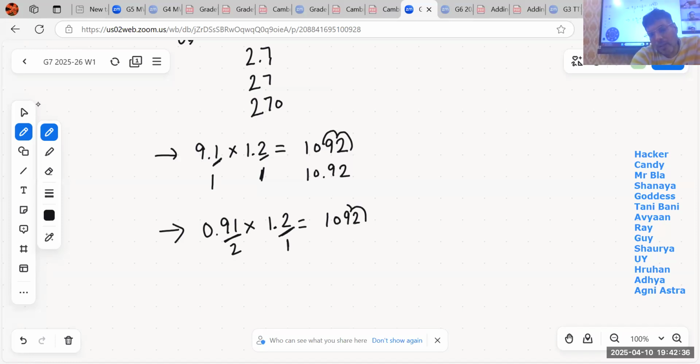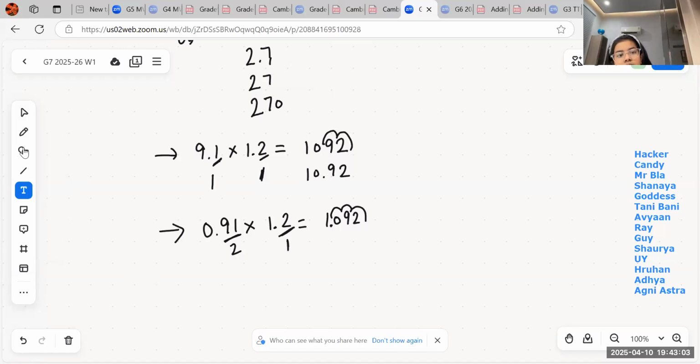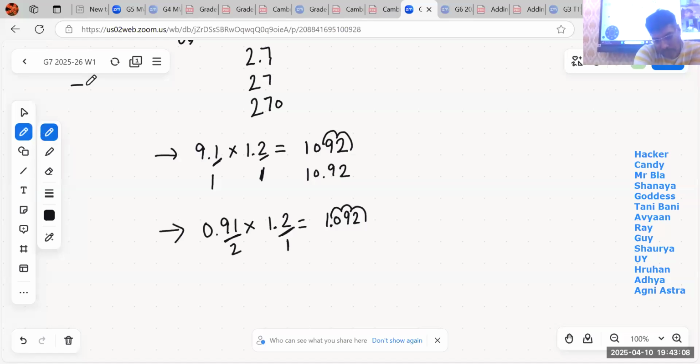Then I will shift 3 places to the left, because 2 plus 1 is 3. So I hope this is clear. There is no doubt regarding this. Yes. So do the next question.